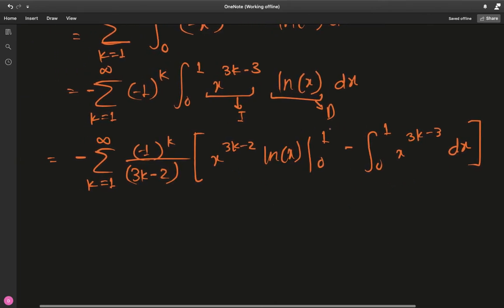Fair enough. Because of 1, natural log of 1 goes to 0, and for 0 you can use L'Hopital's rule, entirely making this go to 0.